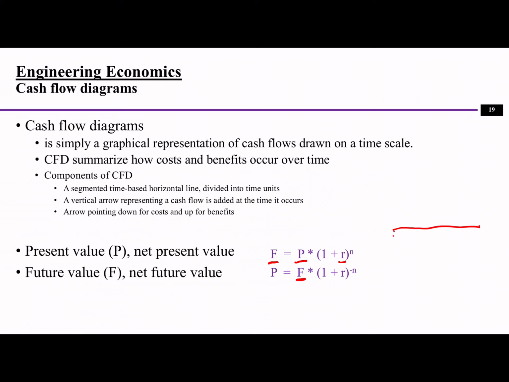Similarly, if you are given the future value F and want to find P, you can use this equation: P equals F times 1 plus r to the power of negative n. So this is how we calculate P and F.